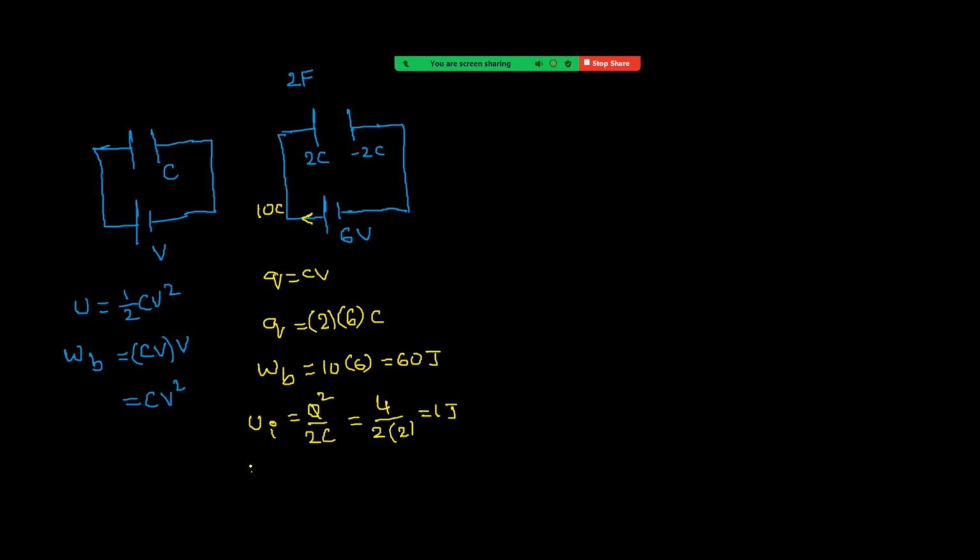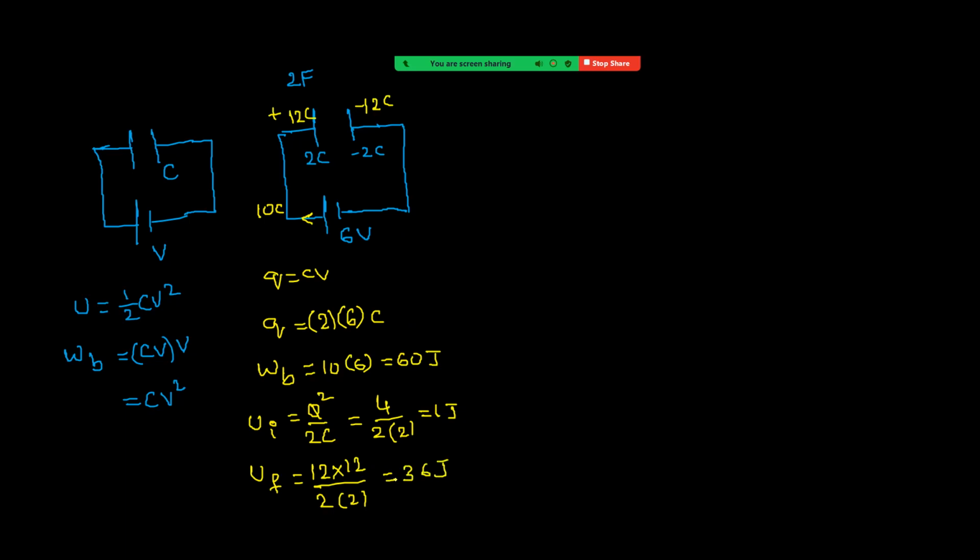Now see what the final value of the potential energy is. Again write Q square by 2C. Now the Q value is plus 12 coulomb, and this is minus 12 coulomb. So the potential energy is 12 square upon 2C: 12 into 12, upon 2 into 2. 6 times 6 is 36.